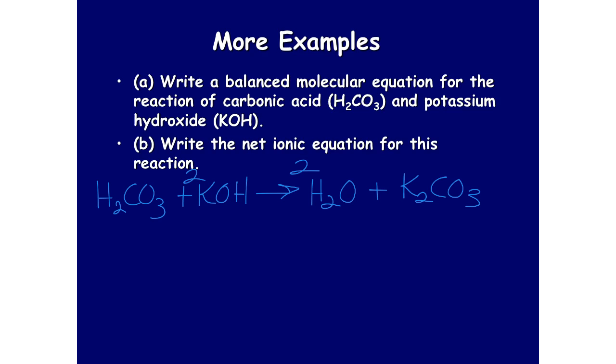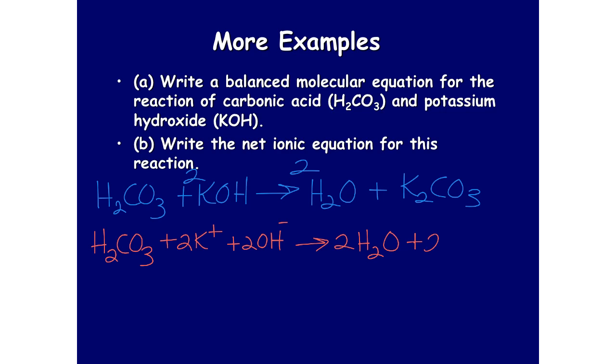All right, then we need to write the net ionic reaction. So we have to think about what we split apart. We do not split apart carbonic acid because it is not one of our 7 strong acids. We do split apart the KOH because that is one of our 8 strong bases, so it will fully ionize in solution. We do not split apart water because it does not fully ionize in solution.